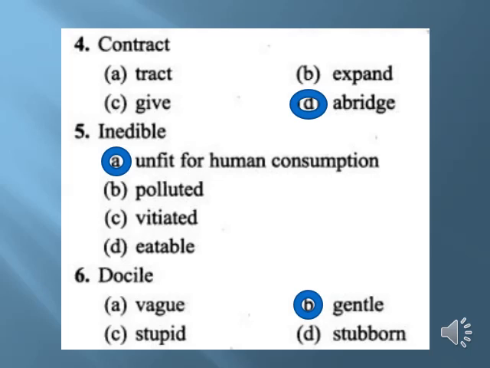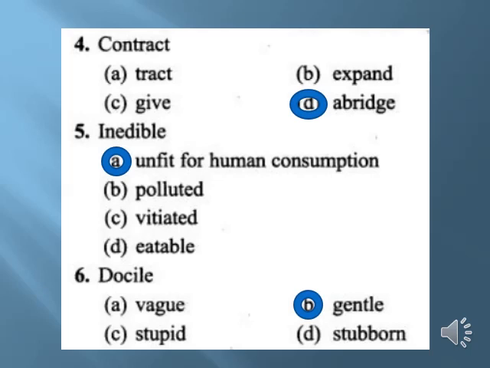Expand, give. Abridge means shorten. You are familiar with the meaning of the word contract as agreement. But here it is reduce in size. So contract also means to reduce in size. That's why here option D is the right option.